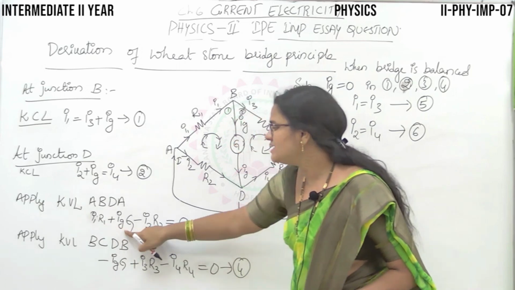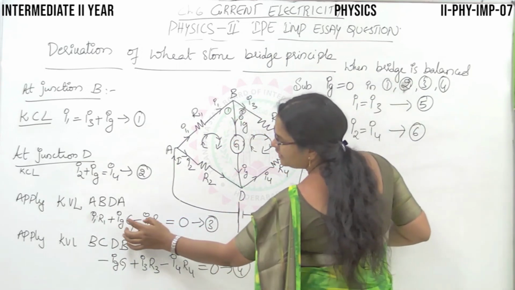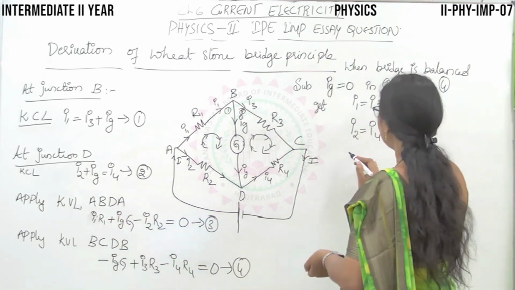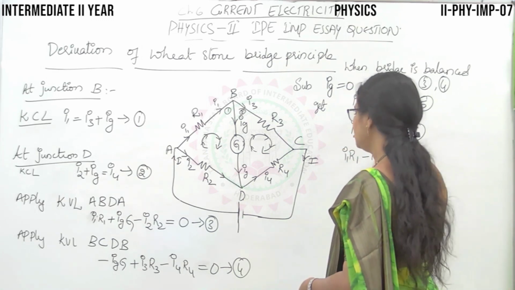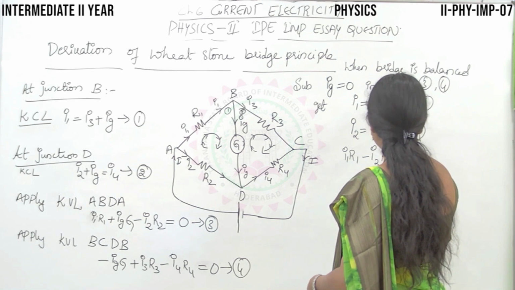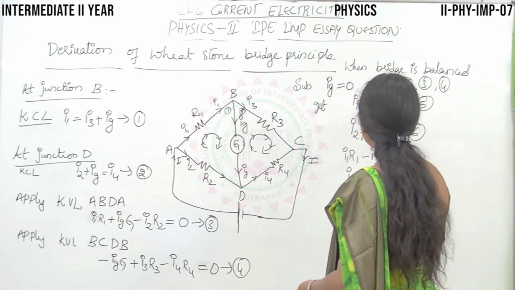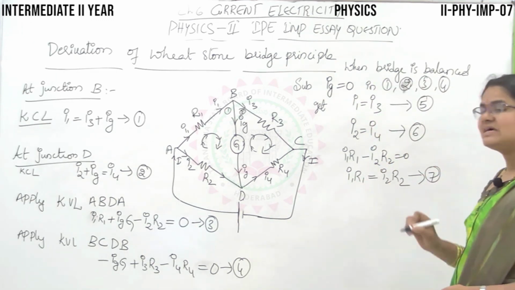If you substitute Ig equal to 0 in this equation, what happens? This term will be 0 and you will be left with I1 R1 minus I2 R2 equal to 0. What does this mean? I1 R1 is exactly equal to I2 R2. Let this be equation 7.